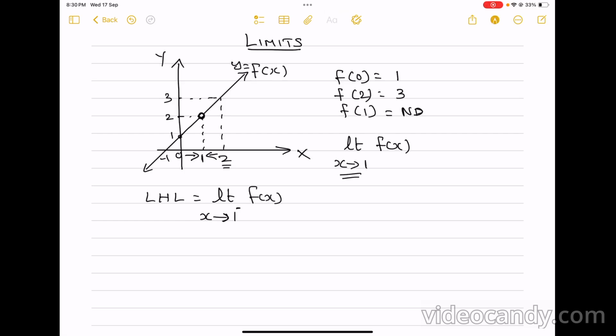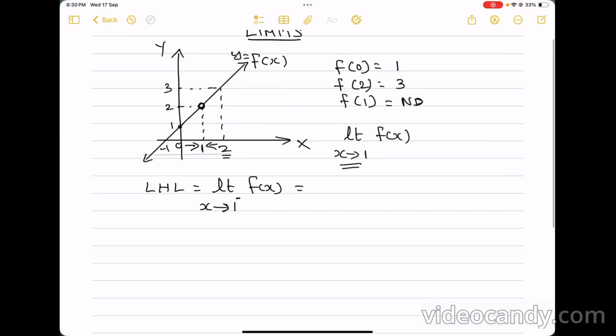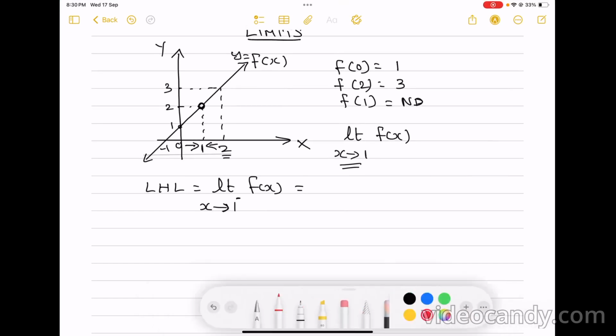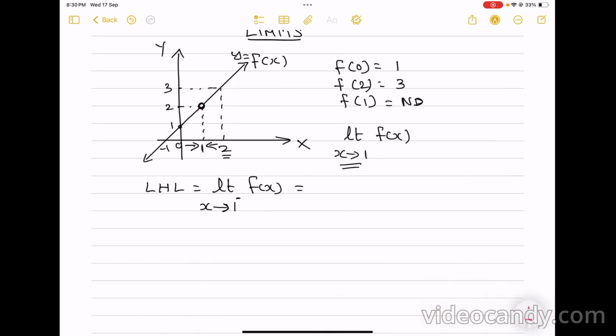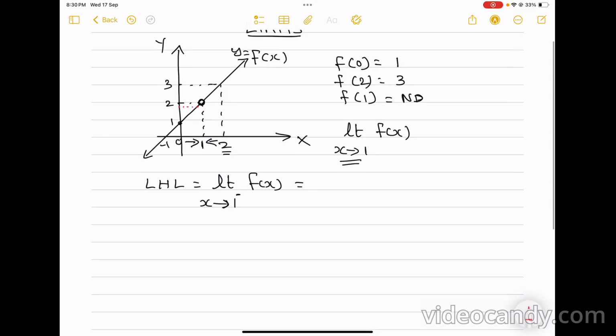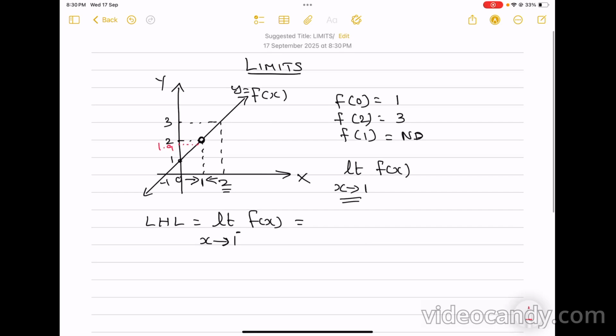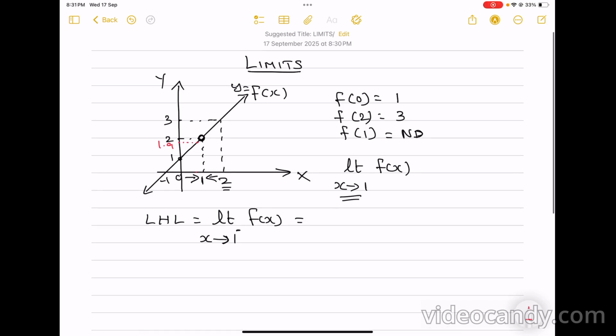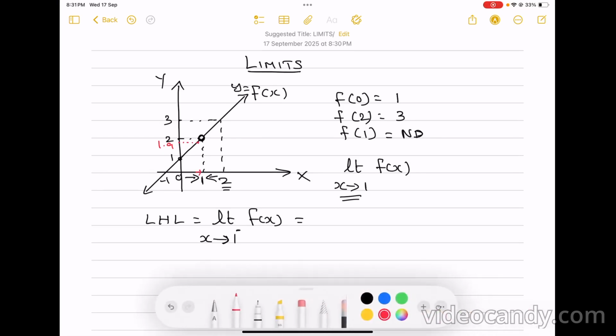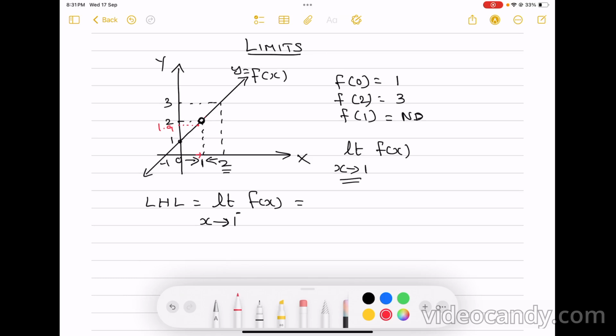When you approach from the left hand side, not exactly at that point 1, the answer may be 1.9, for example. Similarly, when you approach from the right hand side, the value may be 2.1.